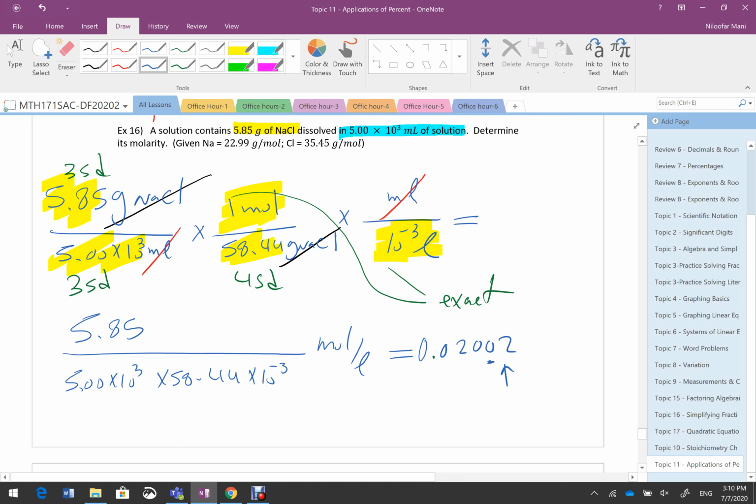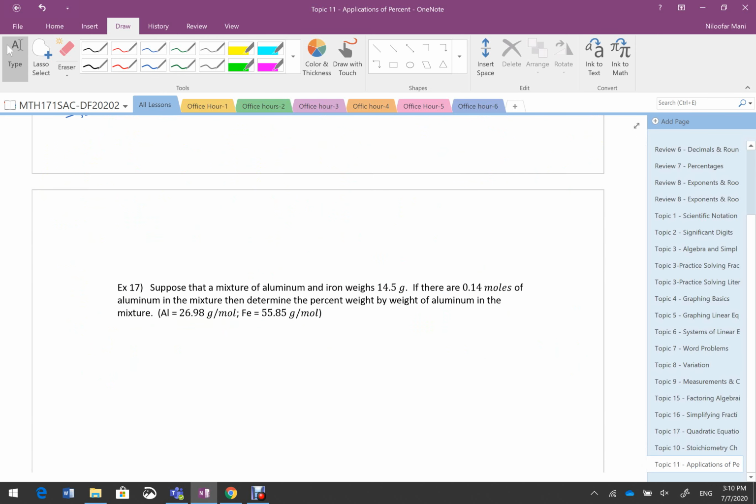So I underline that, check that it is almost 0.0200 molarity. Mathematically I don't need to mention these numbers, but I mention them because I need 3 significant digits. And make sure to have the sentence.